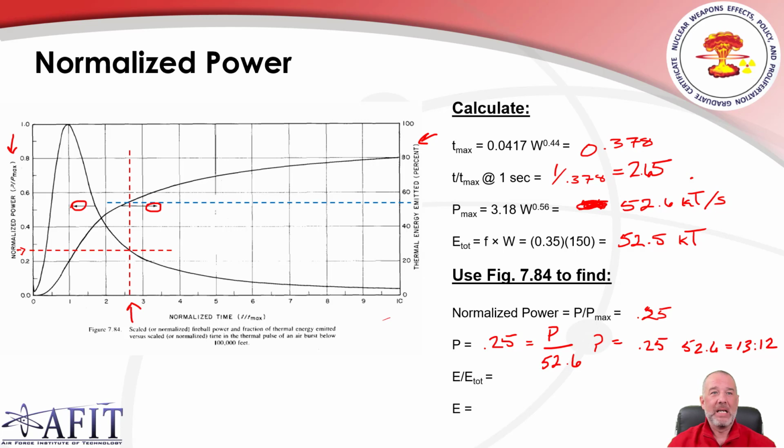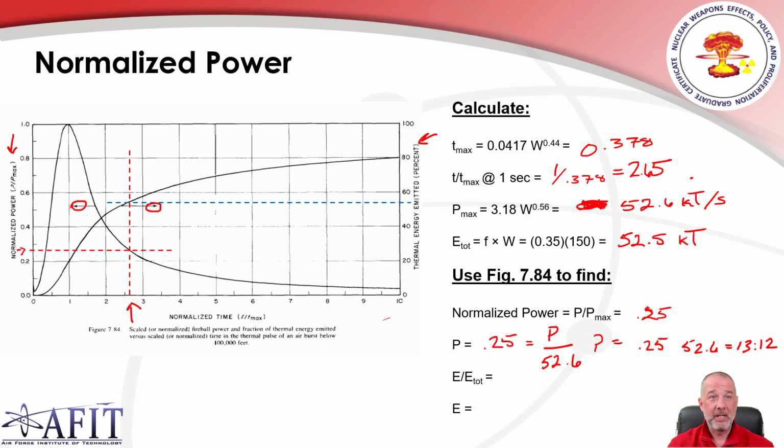So now what's this E over E total thing? Okay, well, what we know is that we can determine at any point using the P over P max what's the instantaneous power output. But what we might be more interested in is how much energy has been output to that point. So if you're familiar with calculus, that E over E total, which is going to be the axis over on our right-hand side, that's simply the integral of the power curve.